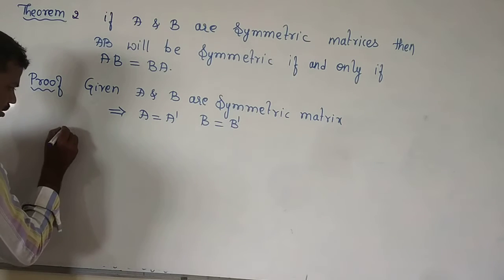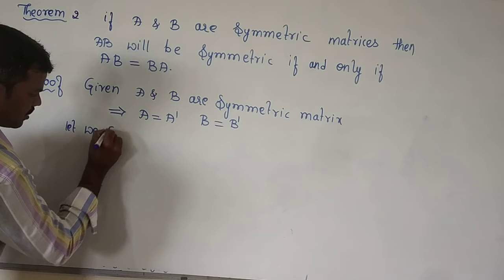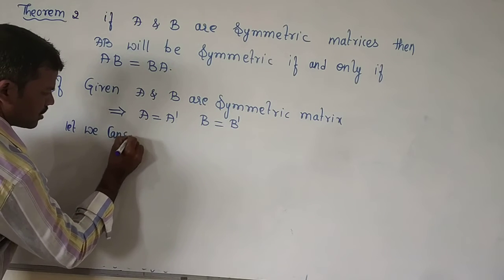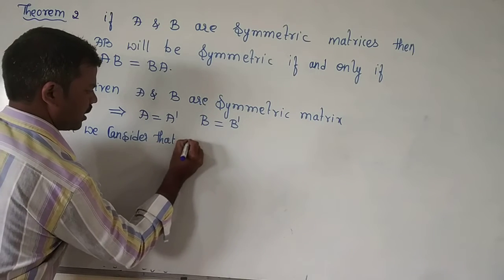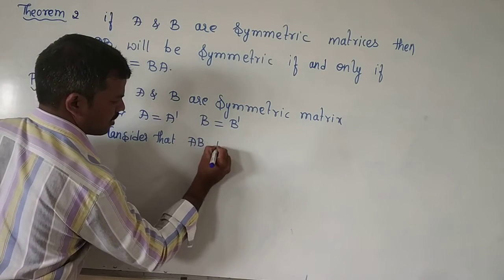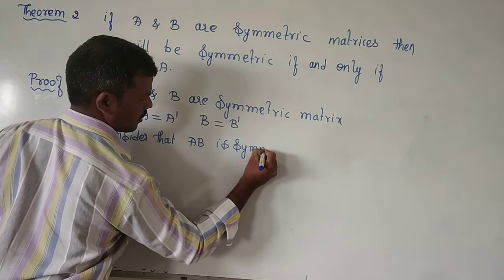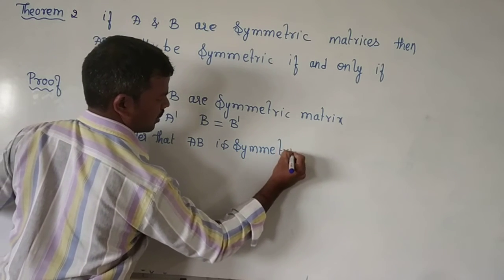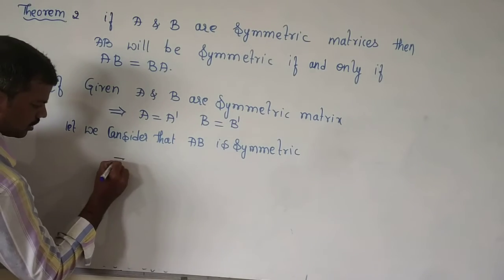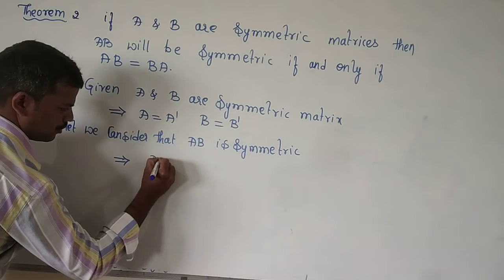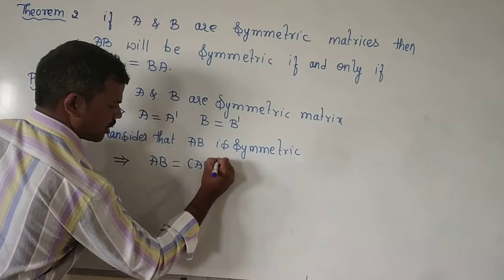So let me consider that A into B is symmetric. A into B symmetric, we know, implies that A into B is equal to A into B transpose.